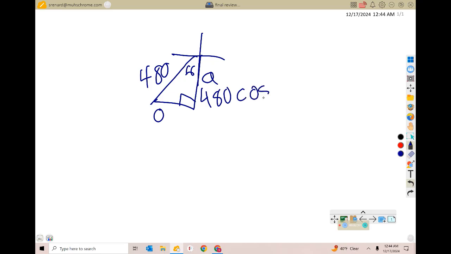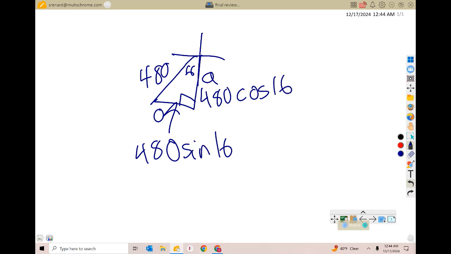So this is going to be 480 cosine 16. And this right here is going to be 480 sine of 16. Okay. Make sure you know how to do this on your calculator.